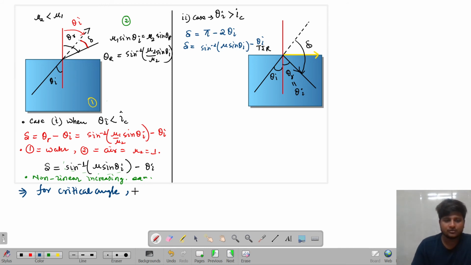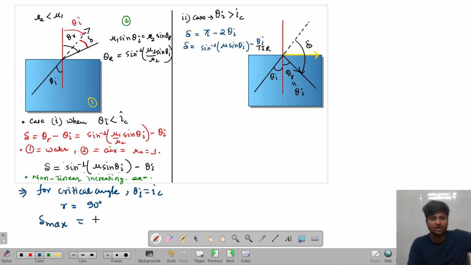Let's suppose theta I is equal to the critical angle I of C. You know that the refraction angle is 90 degrees. If the refraction angle is 90 degrees, what is going to happen at that time? You will have your maximum deviation. Now that maximum deviation is going to be sine inverse of mu, which, let's suppose I'm taking mu as 1.